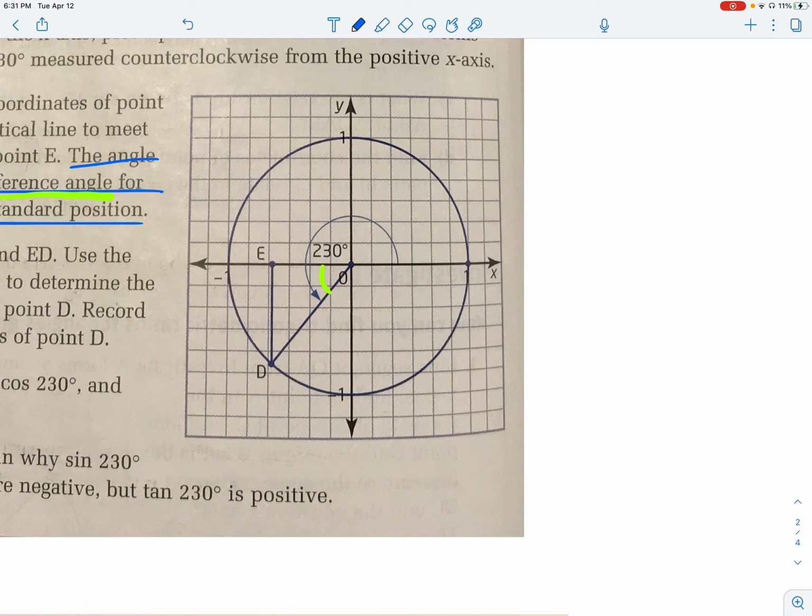Here is negative 0.5, and halfway to negative 1 would be negative 0.75. So I'm thinking we're almost there, probably just a little bit past negative 0.75.